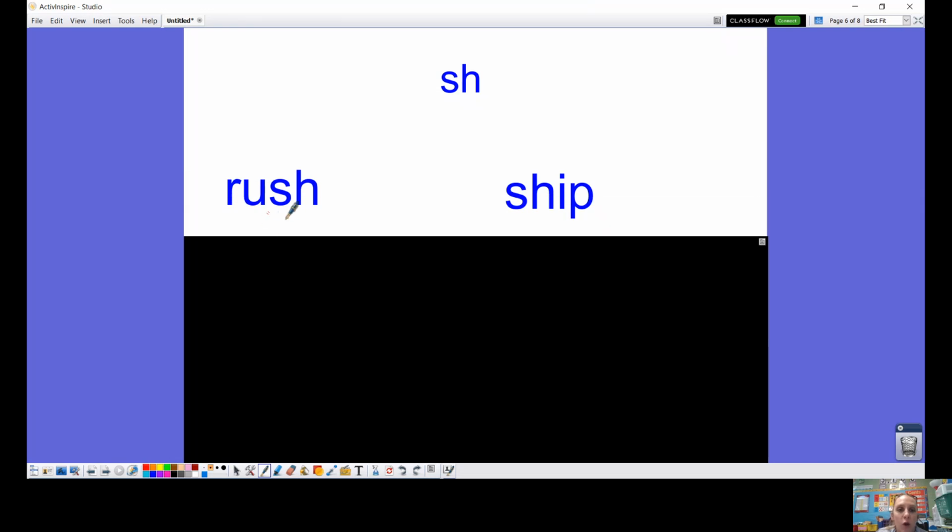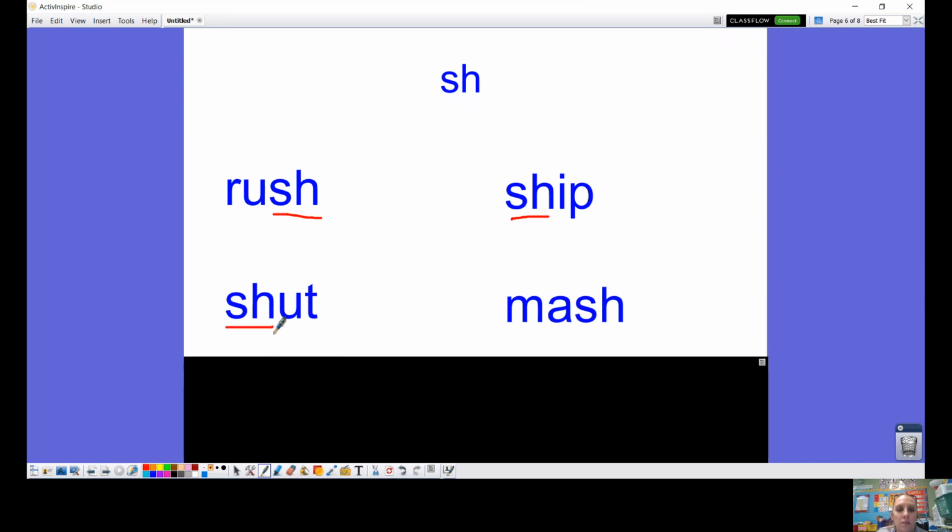I have rush, ship, shut, mash. Notice too that the sh can come at the end or the beginning of words, and it can even come in the middle of some words sometimes. Okay, all right.